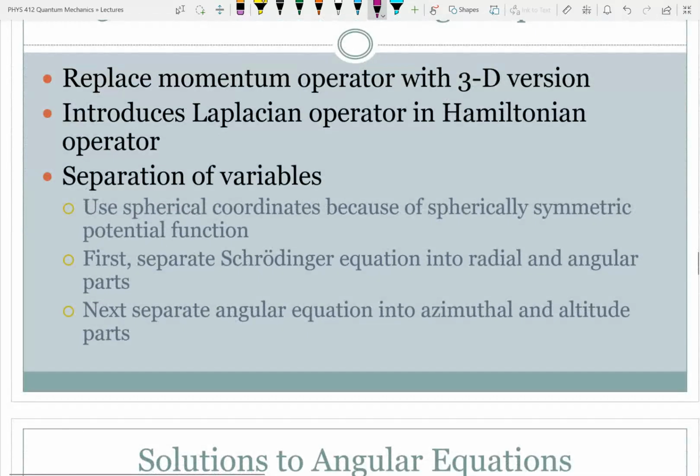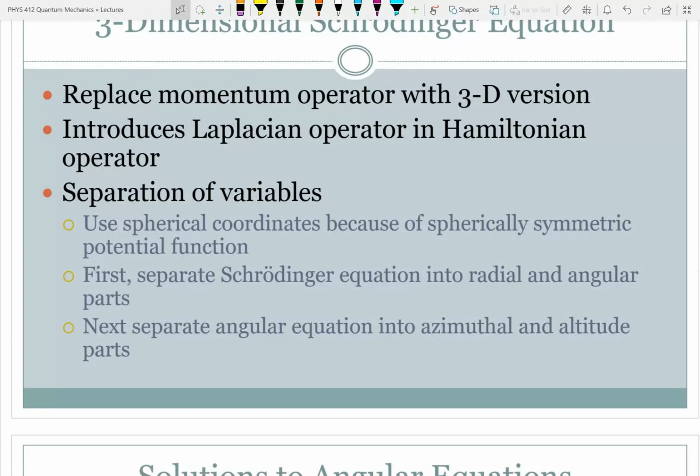So our method. Our momentum operator had to be made into a 3D momentum operator. Because of spherical symmetry, we used the Laplacian operator. What's the Laplacian operator? That. And then we separated variables so that we separate out the angular portions from the radial portion.